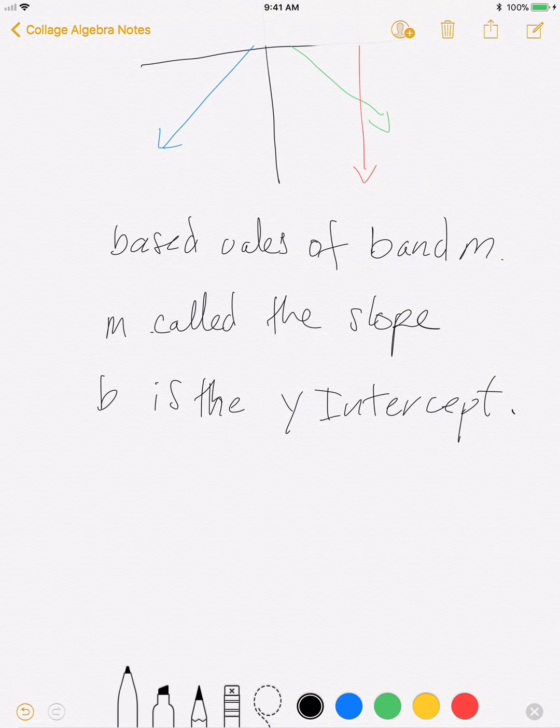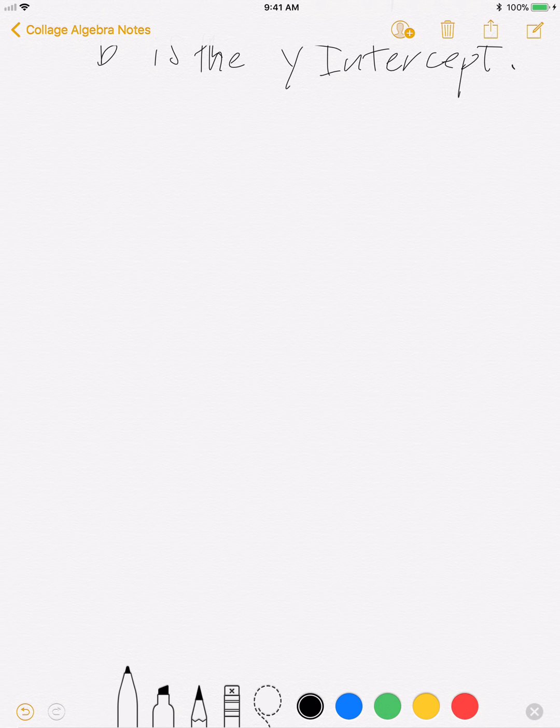We'll look at the y-intercept first because it's kind of obvious why it's called the y-intercept. If I have a function y equals 3x plus 10, to find the y-intercept, we simply set x equals 0.